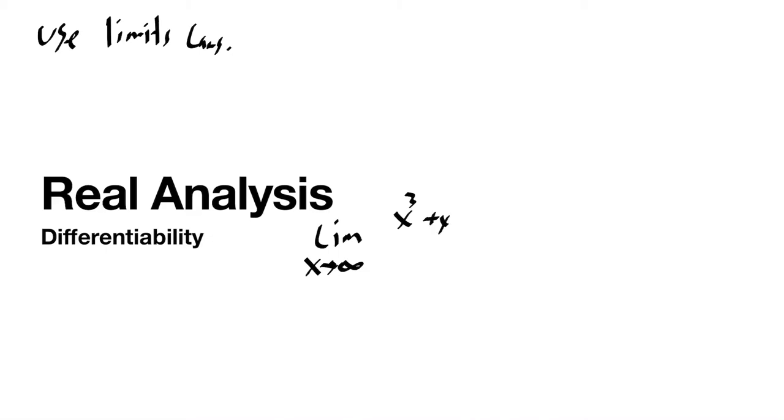Okay, so for differentiability, the first thing I want to note is that from now on, we're going to let you do limits of sequences and limits of functions. We're going to use limit laws to do the limits. For example, if I asked you, what is the limit as x goes to infinity of x cubed plus x squared plus 1 over 3x cubed minus 5, the answer is 1/3.